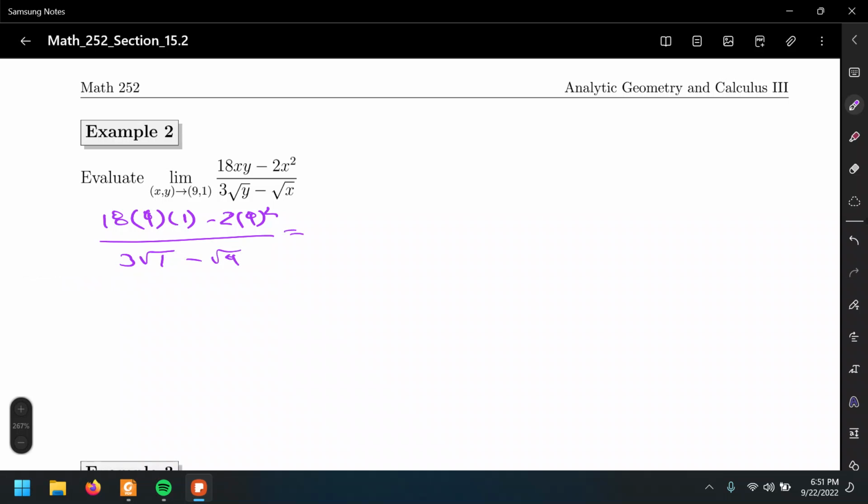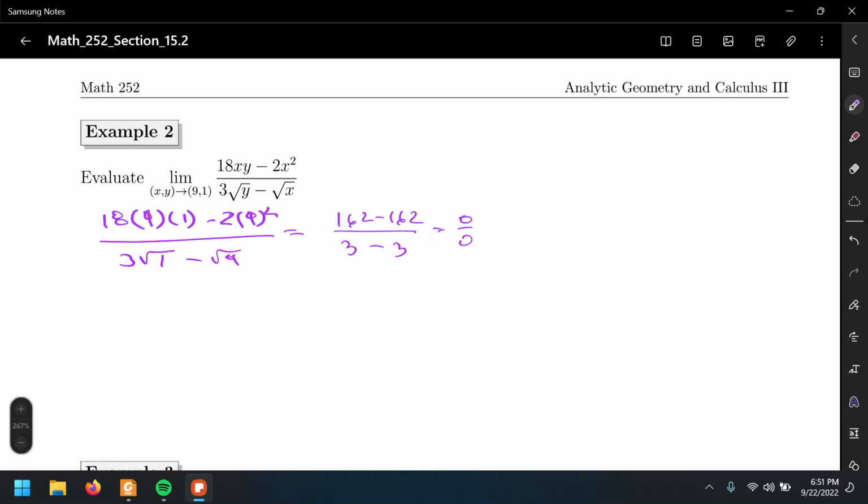So this is going to be 9 squared, which is 81, times 2, that's 162. And 162 minus 162 over 3 root of 1, which is 3, and root of 9, which is 3, so 3 minus 3. Yes, we get the 0 over 0 indeterminate form.